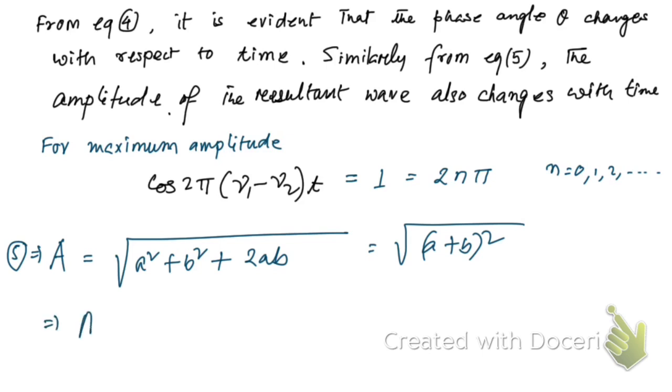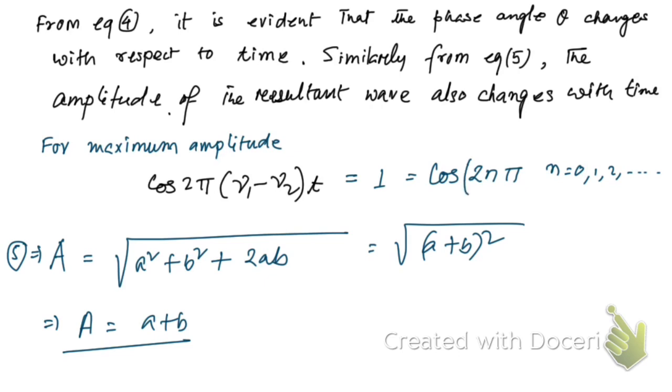So A is going to be equal to a plus b. That's what we have got, right? This is supposed to be cos of 2n pi. I forgot to write this.